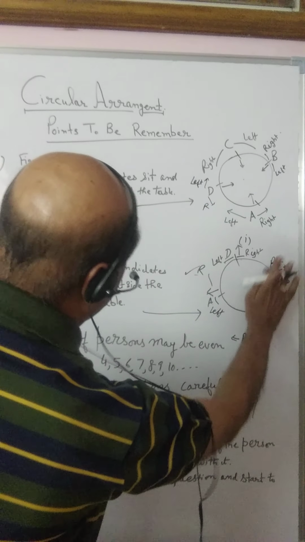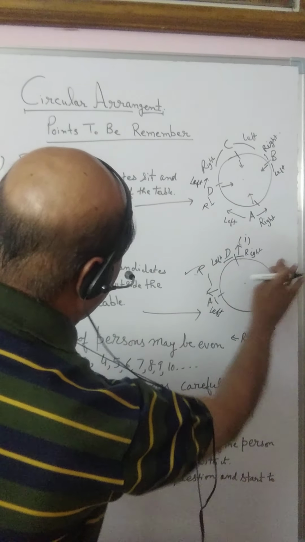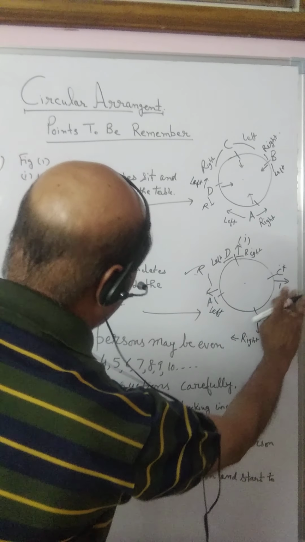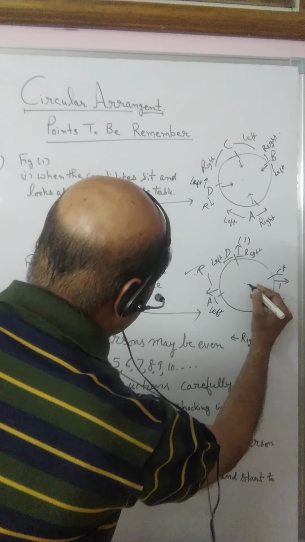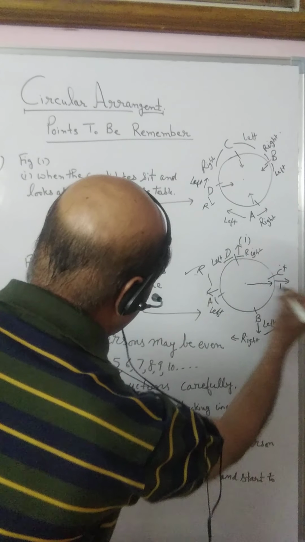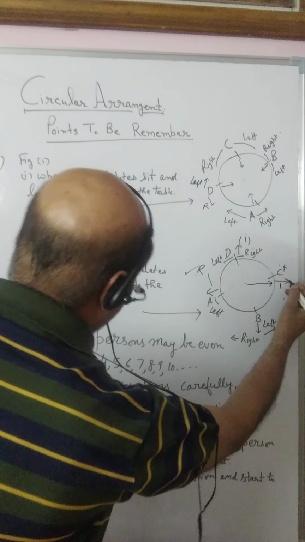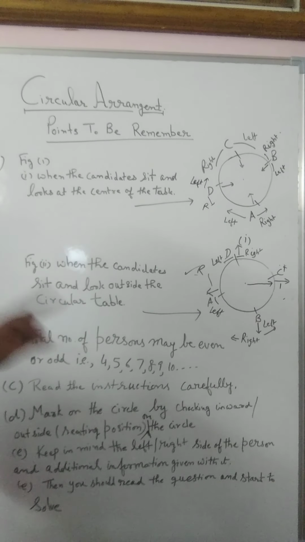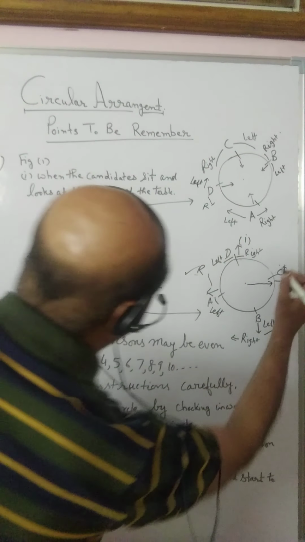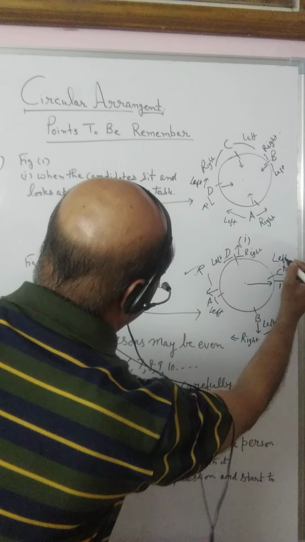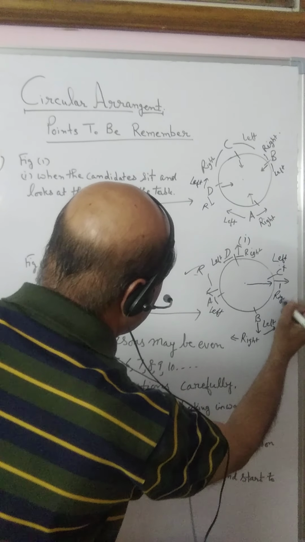And for C again, see here carefully, when he is looking outside the center of the circle, his back is inside the table, then his left hand side will be this one and right hand side will be this one.